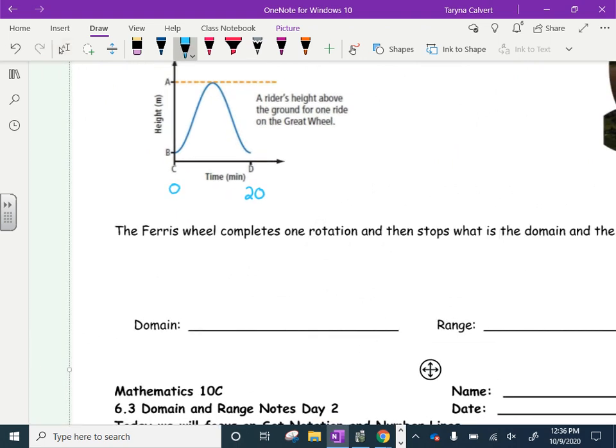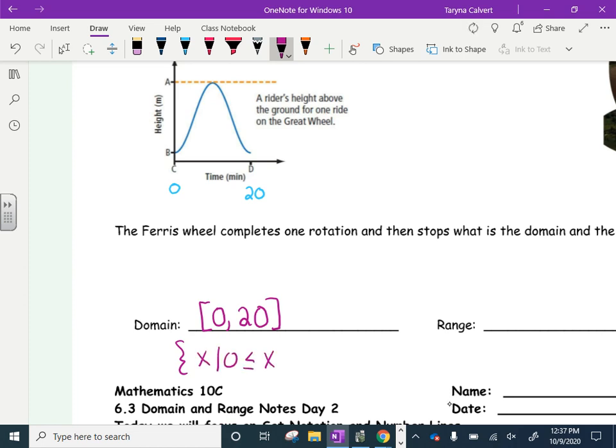If I use interval notation, am I using square brackets? You betcha. So 0 to 20. I'm going to write both, not that I needed to, but I will do both for review purposes. So if I use set notation, it's t such that t is greater than or equal to 0, but less than or equal to 20, and I'm going to change my variable.